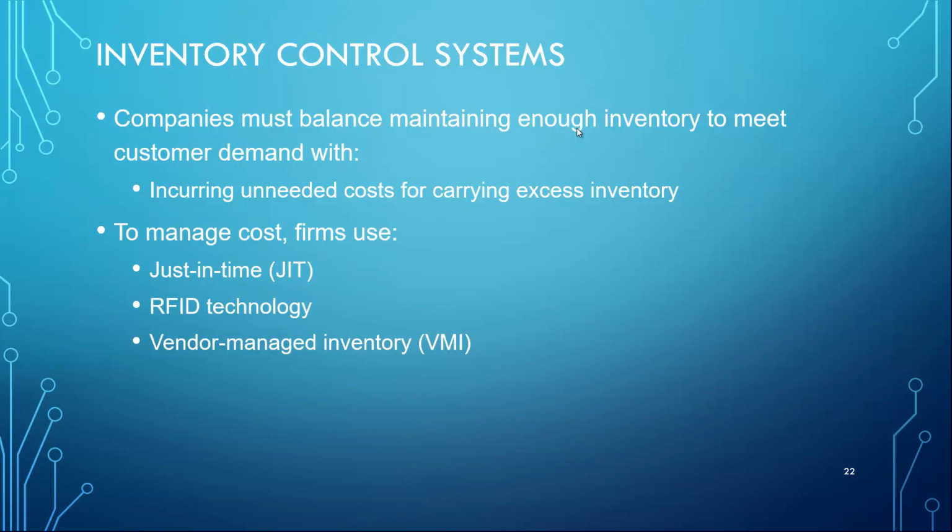Companies must balance maintaining enough inventory to meet customer demand with incurring unneeded costs for carrying excess inventory. To manage cost, firms use the just-in-time approach, radio frequency ID technology, and vendor managed inventory, and all these concepts will be explained in later chapters or in a separate session.